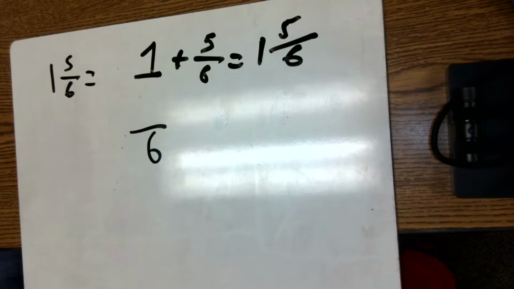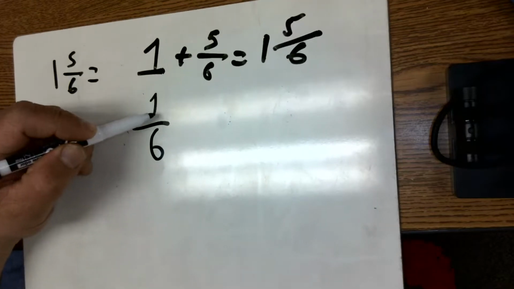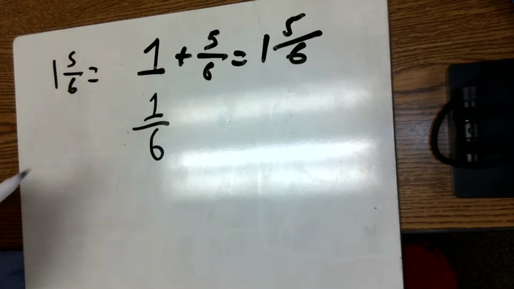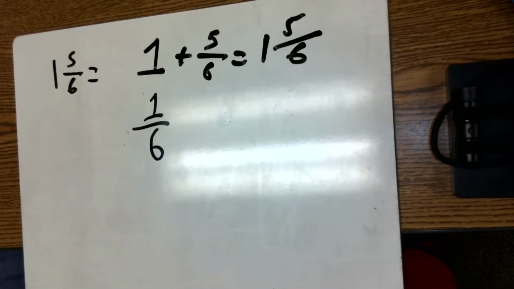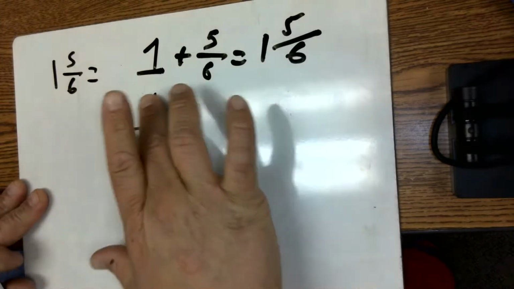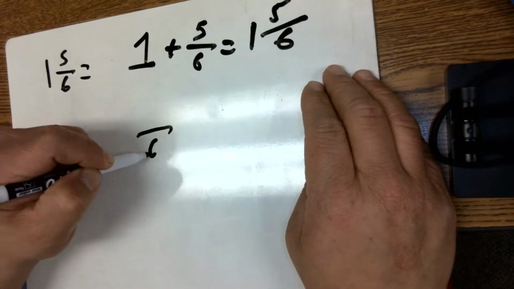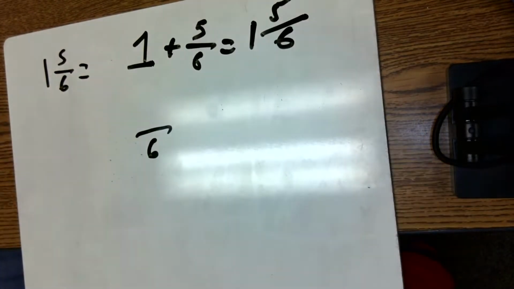Adriana. 1/6 probably. So you think one whole is going to equal 1/6? No, that's not it. But Piper is at least right. The denominator is 6.